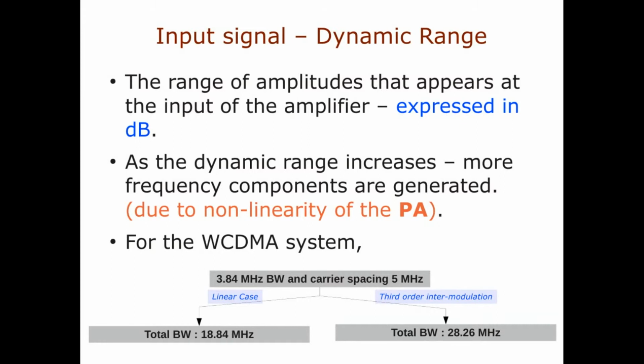But suppose there is a single intermodulation, or non-linearity of first order. If it happens, you will have the third harmonic also coming at the output, and hence a total bandwidth of around 28 megahertz, which is around an addition of 10 in the bandwidth with a single order modulation increase. So which means that you can consider with each added block the total bandwidth is actually doubled.